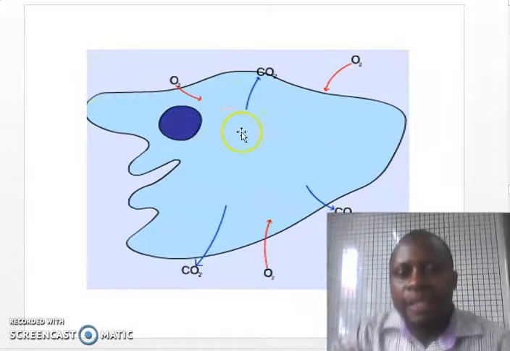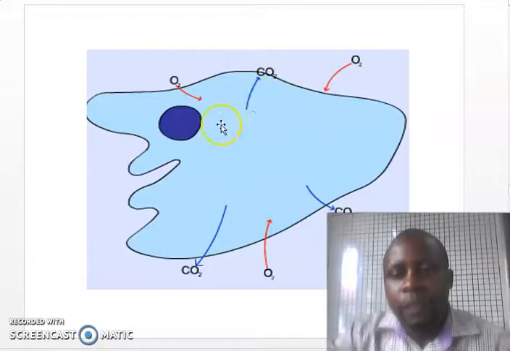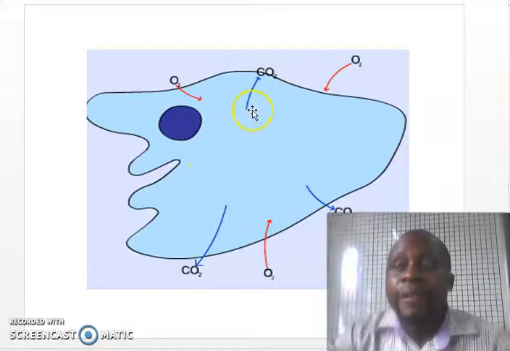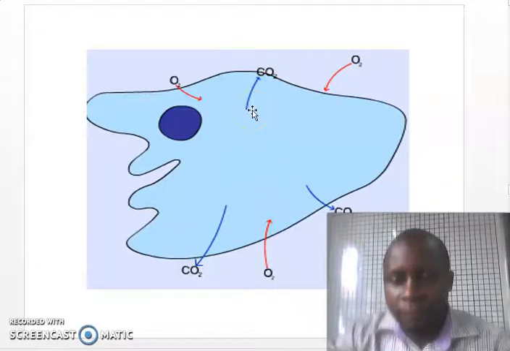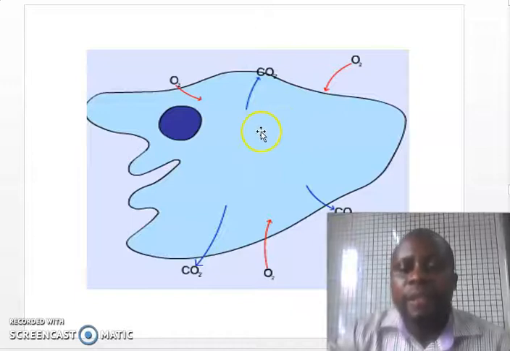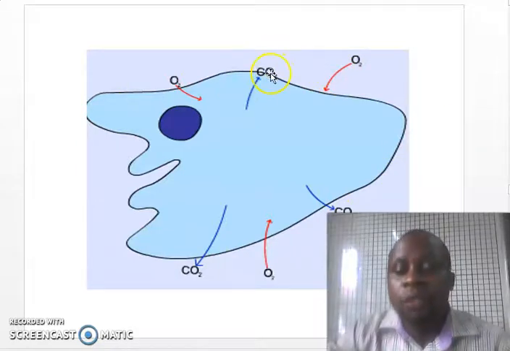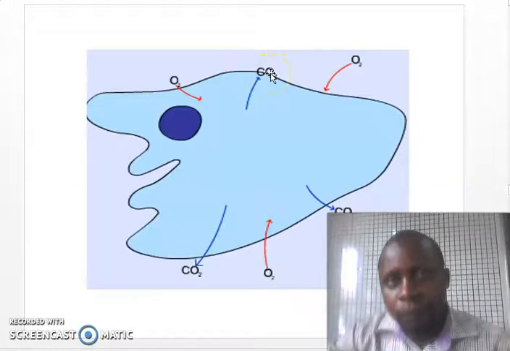So how does gaseous exchange occur in this particular organism? Inside the cell here, respiration occurs. Respiration produces carbon dioxide. The concentration of carbon dioxide in the cell is higher than the surrounding medium, that is water. Therefore, it diffuses out by the process of diffusion.